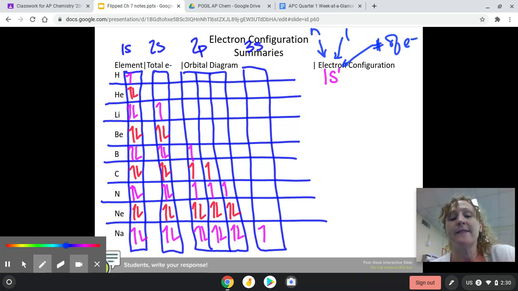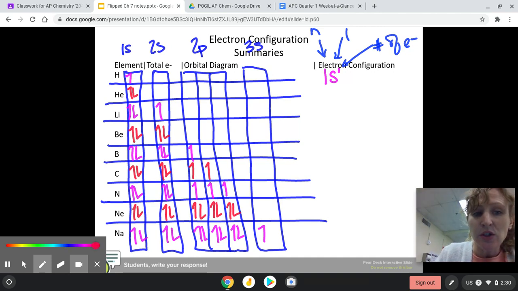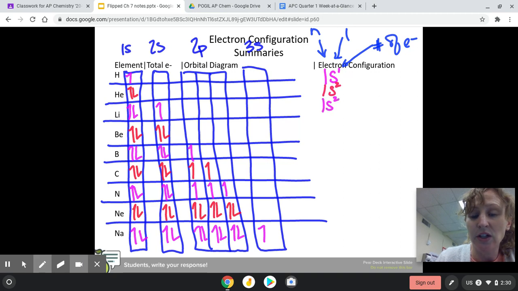So if you want, we can do a couple together and then you can pause and try a couple on your own. Helium is going to have electrons in the first energy level, the s subshell, and it's going to have 2 electrons there. Lithium will have electrons in the 1s. It'll have 2 electrons there.